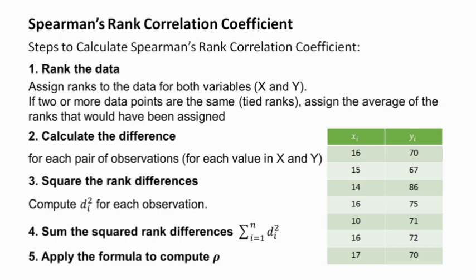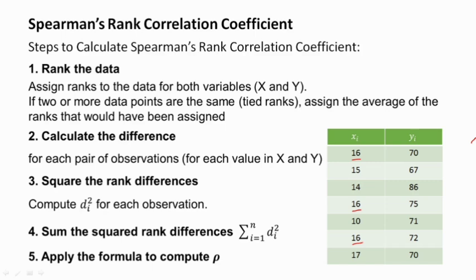If two or more data points are the same, there is a tie between them, as we saw in the previous slide with 16, 16, 16. These data values are repeated, so there is a tie between their ranks. You assign ranks by the usual method and then assign the average of the ranks that would have been assigned.